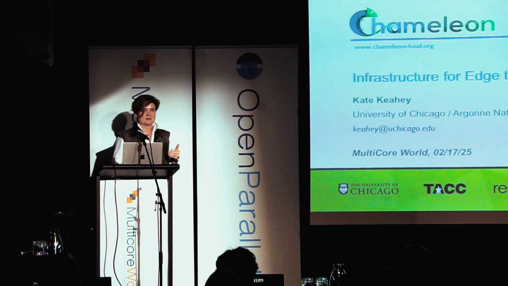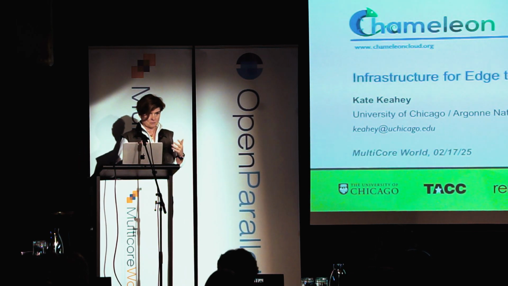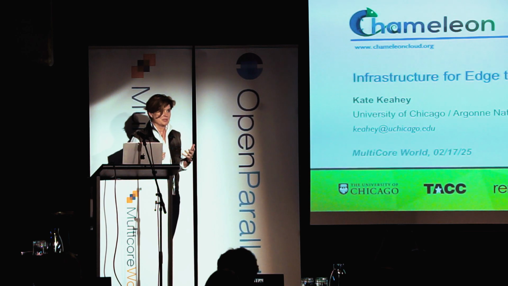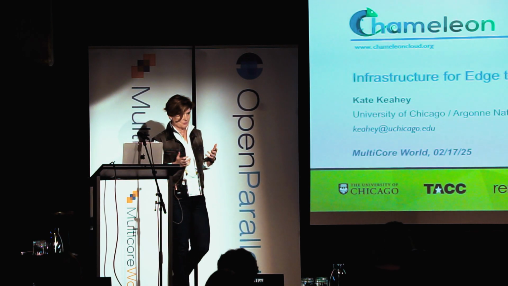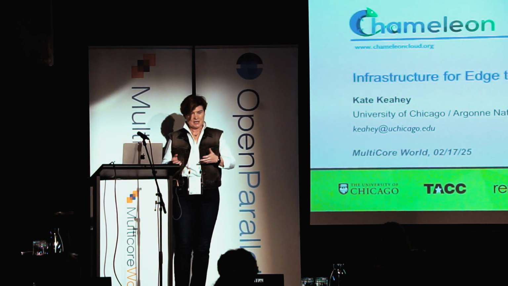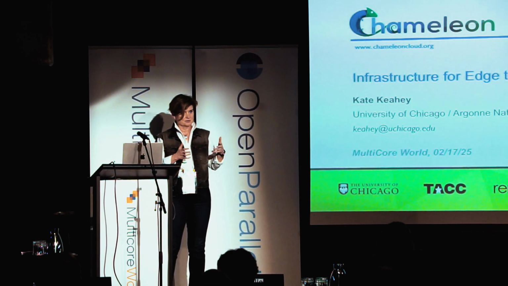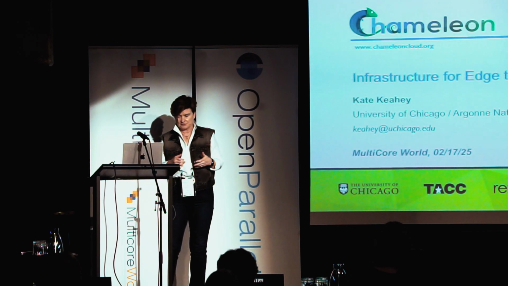And today I'm going to talk about two projects, both of which I lead. One of them is infrastructure for computer science research, and the other one is really an application that was built on top of that infrastructure.